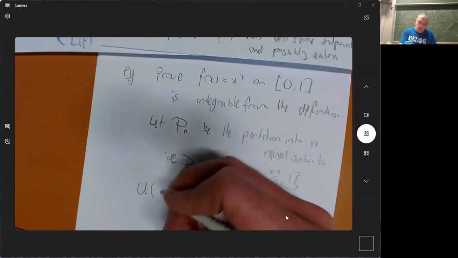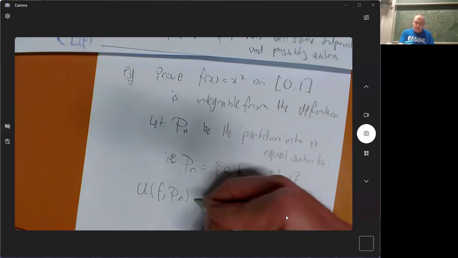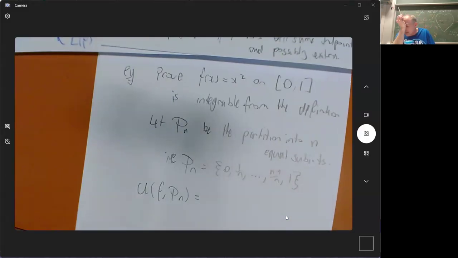And then we're going to consider the upper sums and the lower sums on all of those partitions. So U f of Pn is the width of every interval multiplied by the supremum of the function on that interval and added up.